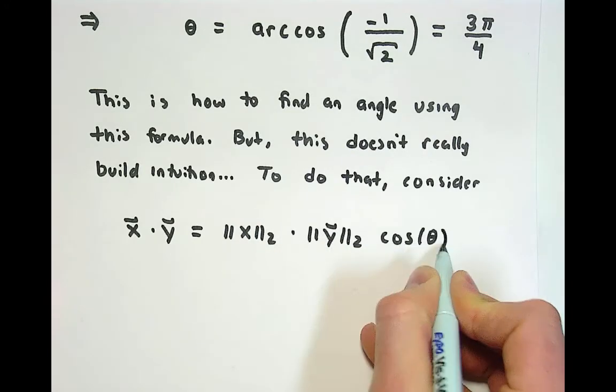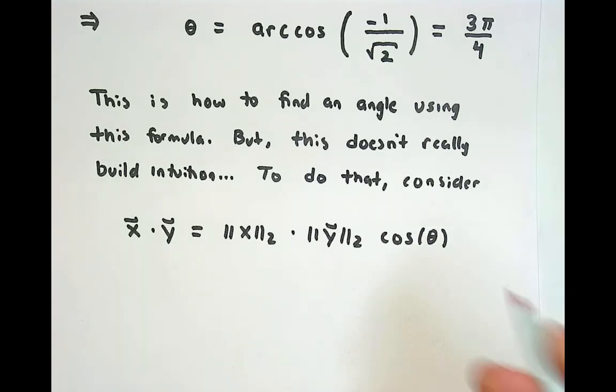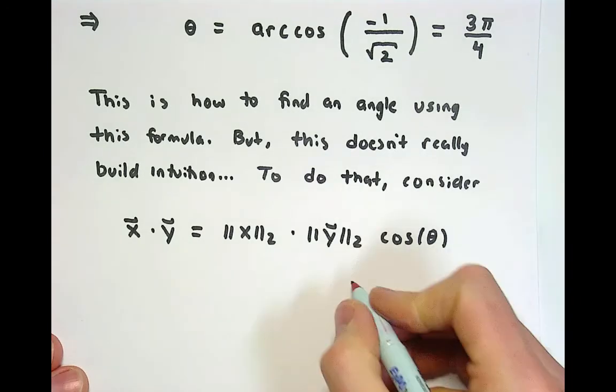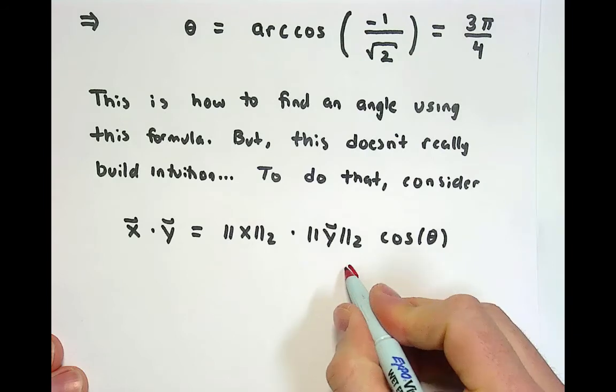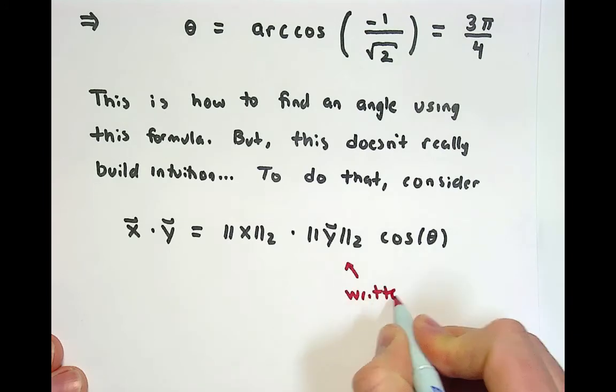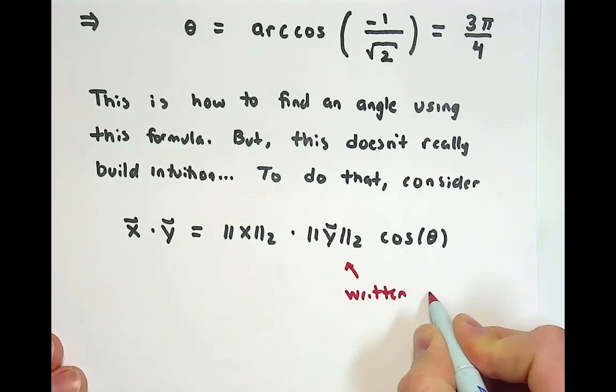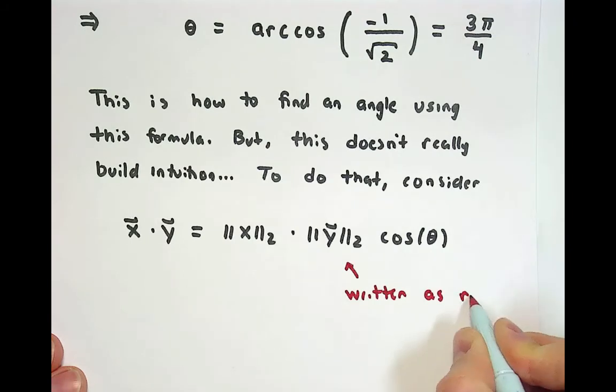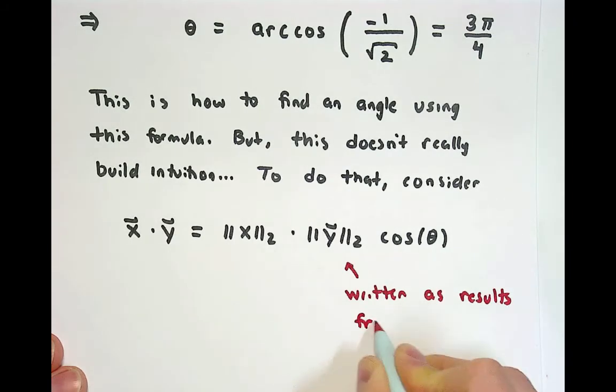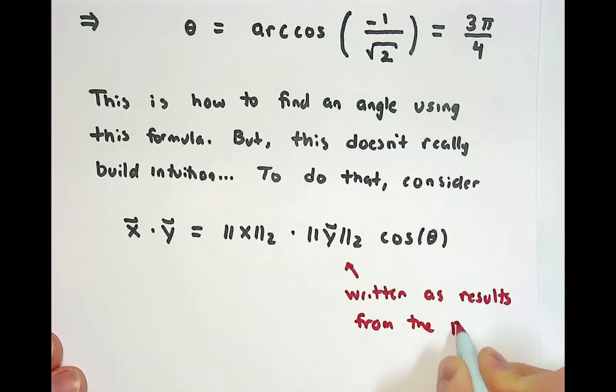This form of the cosine formula, written like this, is the one that comes directly from the proof.